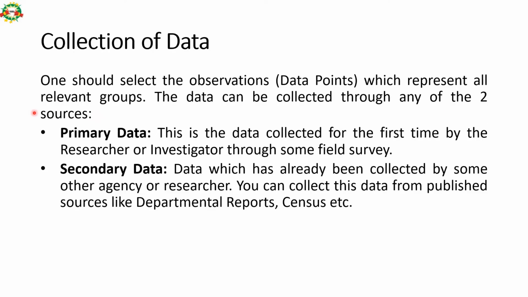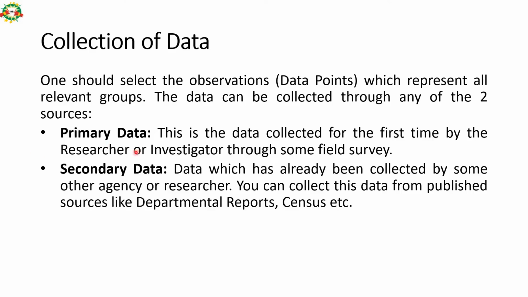So, collection of data. One should select the observations, which are also called data points, which represent all relevant groups. The data can be collected through either of 2 sources: primary data and secondary data. Primary data is the data collected for the first time by the researcher or investigator through some field survey, like exit poll data.